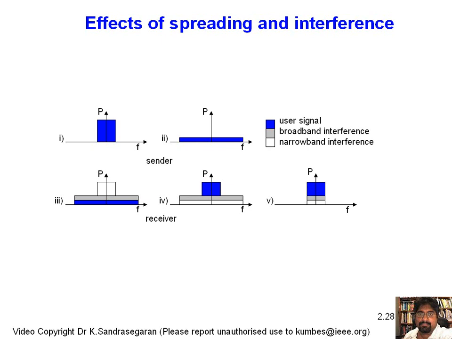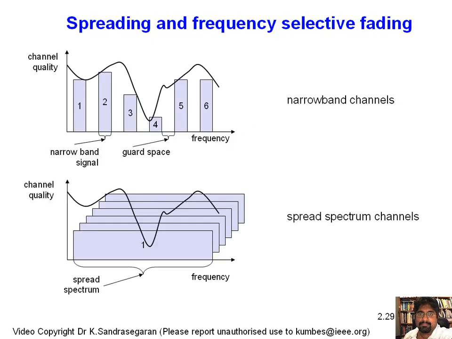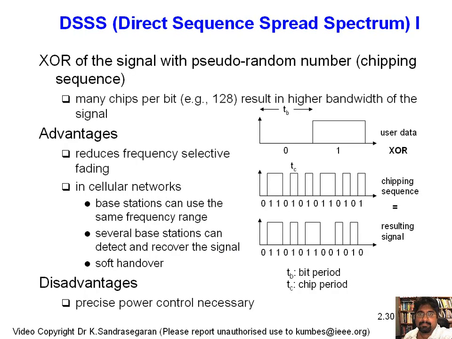Now we're going to look at more details about direct sequence spread spectrum and frequency hopping spread spectrum. Okay, so let's look at what happens in direct sequence spread spectrum. If this is your user data, so here you have say a 0 and then a 1, this 0 is essentially over a bit period of the user data.